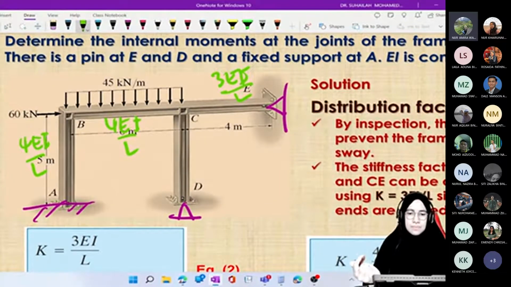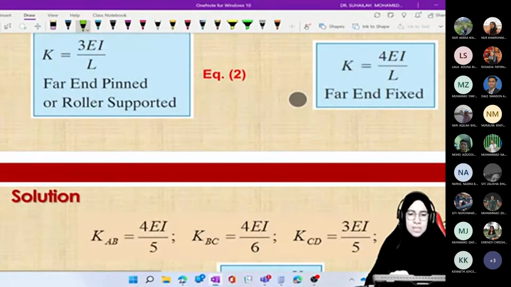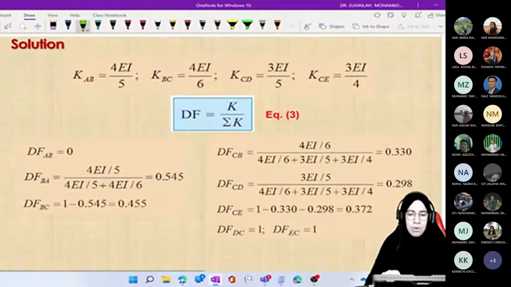Yes, 3EI over L. So we have four members. We calculate as usual, and then we combine to get the distribution factor.